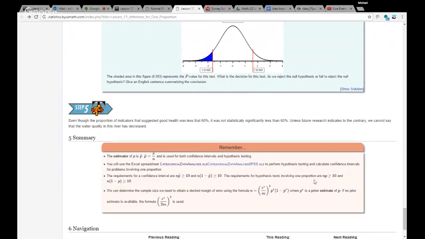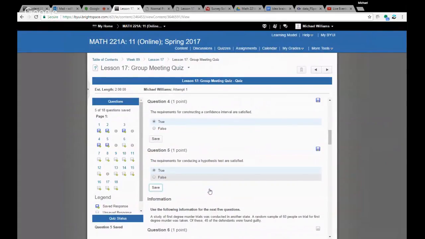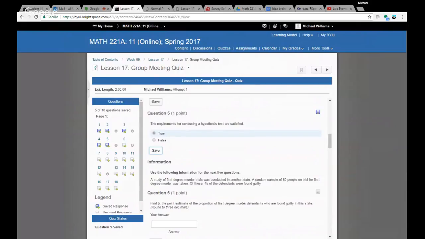If you look at the summary, it says the first one is that, and for the hypothesis test, one proportion are the same. So yes, they're met on both of them. Just trying to be tricky, trying to confuse us, make us look for more than we have to.